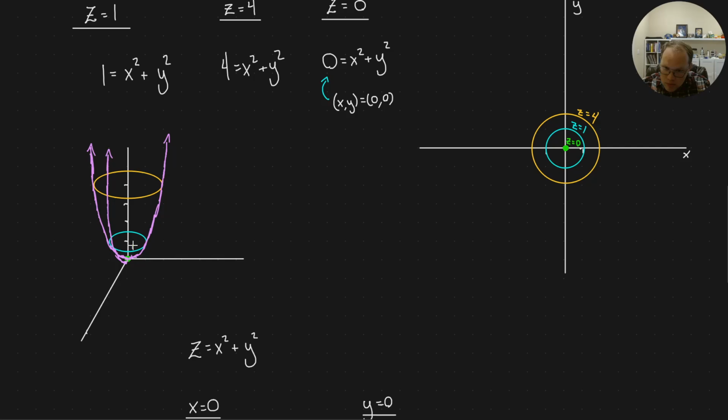Maybe I'll do it this way so I go through. Again, if you have enough traces, you can eventually figure out, oh, I know what that is. That's going to be a paraboloid.